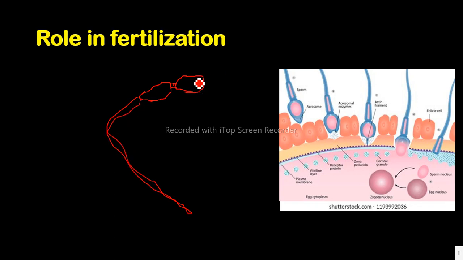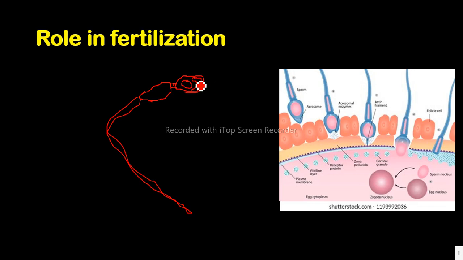Now somewhere here you labeled an acrosome, and you said that the acrosome contains digestive enzymes. You remember that in O level? Yes. Now that acrosome is actually a lysosome, and those digestive enzymes are actually the lytic enzymes in the lysosome.